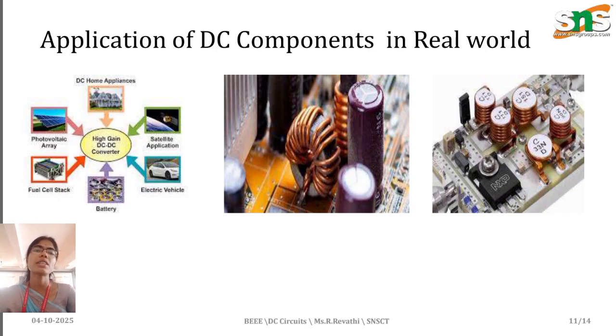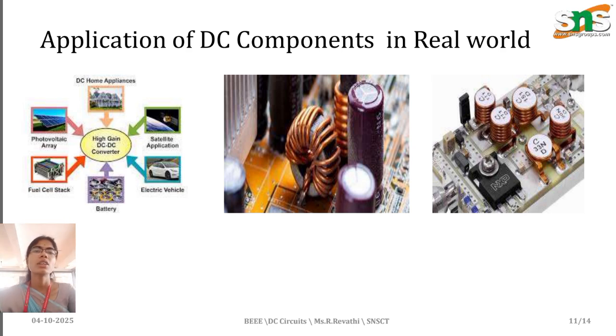So, what are the applications? Talking about real-time applications, inductors, capacitors, and resistors play a major role in the electricity field and are used in a great number of components and applications. Each and every device consists of these three elements.